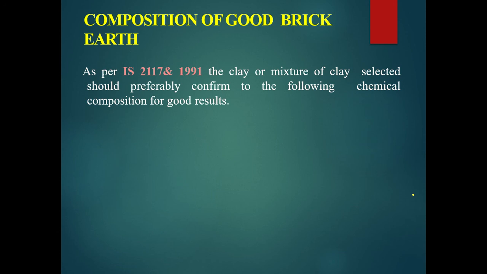That is all mentioned in this IS 2117 of the year 1991. To get a good brick which is durable in all forms, you have to follow or refer to this code.